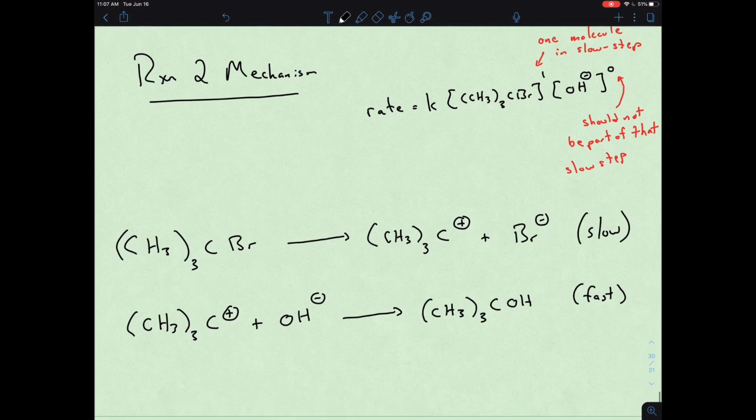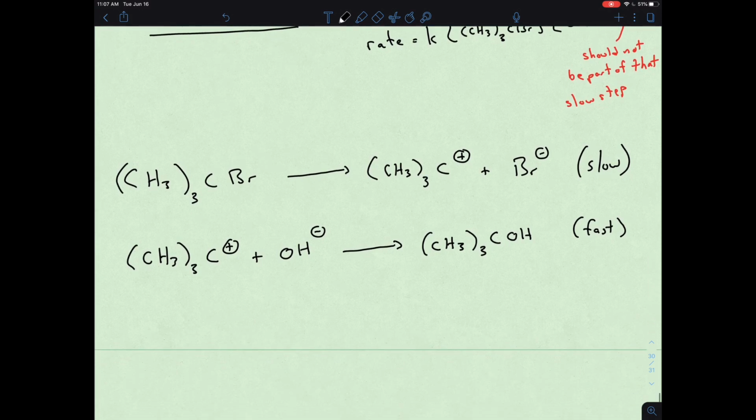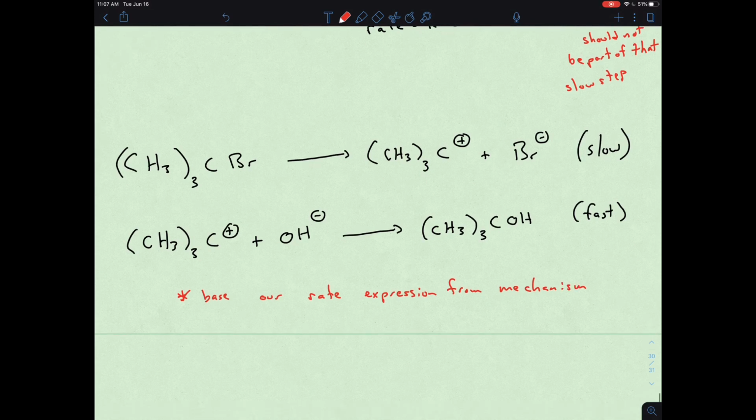So we remember, base our rate expression from the mechanism and its slow step. Stoichiometry is order.